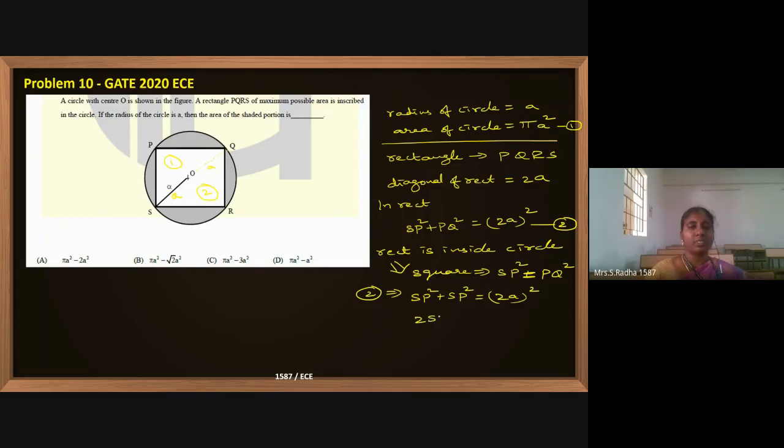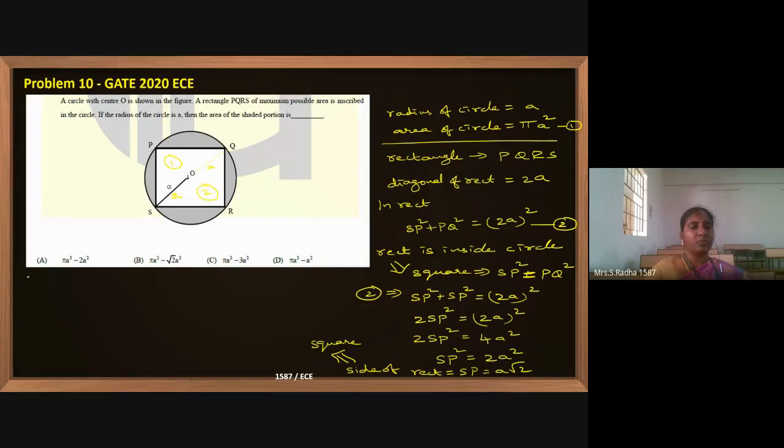So 2 times SP square equals 4A square, so SP square is 2A square, and SP is A root 2. Each side of the rectangle, all 4 sides are equal because it is a square.